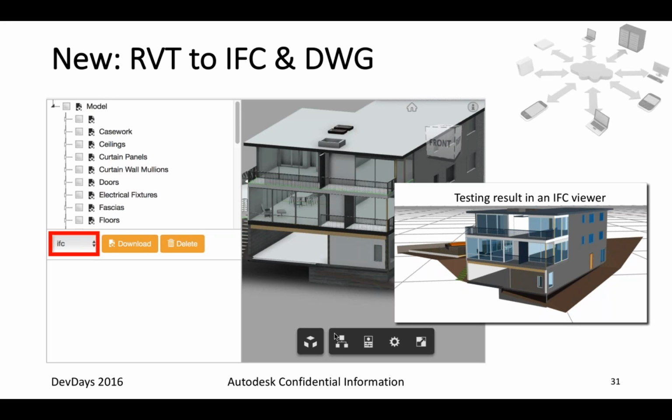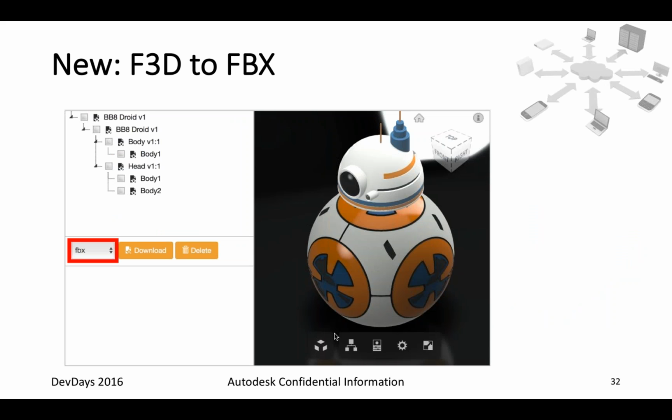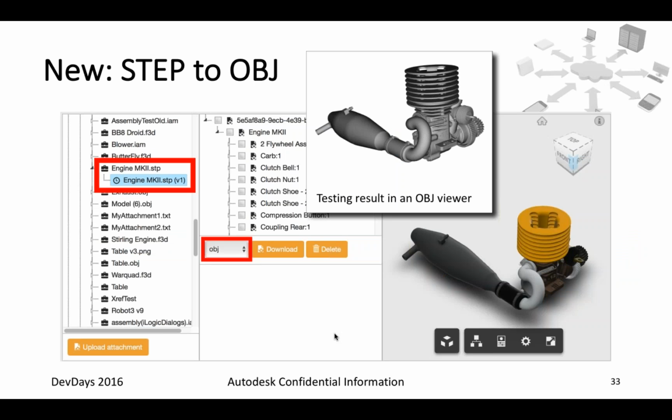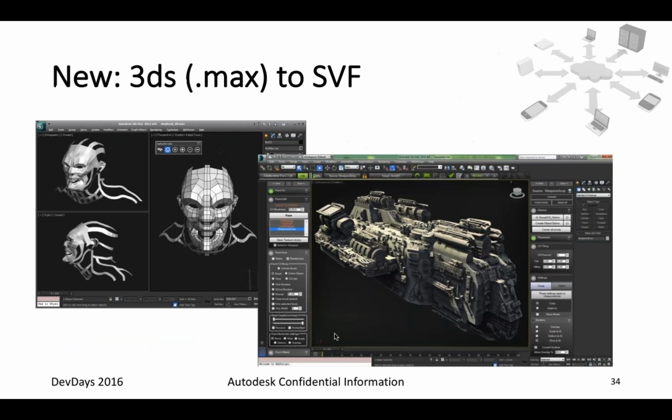The IFC conversion, however, converts the 3D Revit model into IFC. We can convert Fusion to FBX, and Step to OBJ, and we now also support Max files inside the viewer. So you can upload your Max file and create viewables for those.